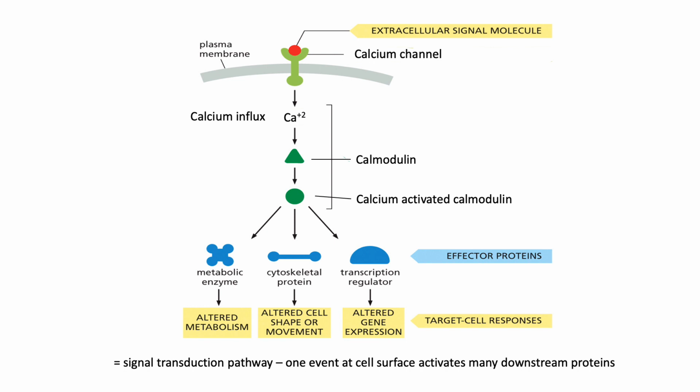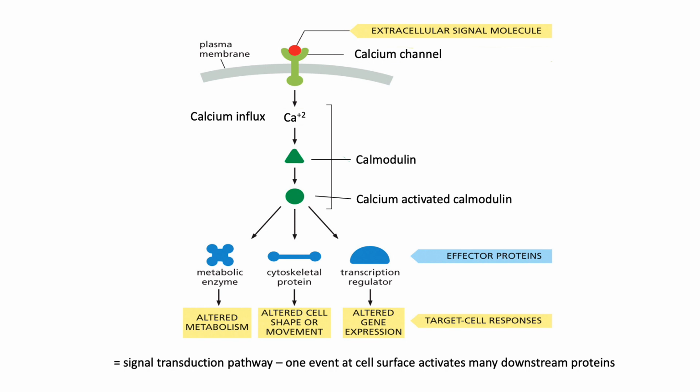So here it's giving an example of metabolic enzymes, so it alters the metabolism, cytoskeletal proteins, alters the shape or movement, transcriptional regulators, which then can alter gene expression. So you can imagine once you alter gene expression, then the entire behavior of the cell can change, like cell division.